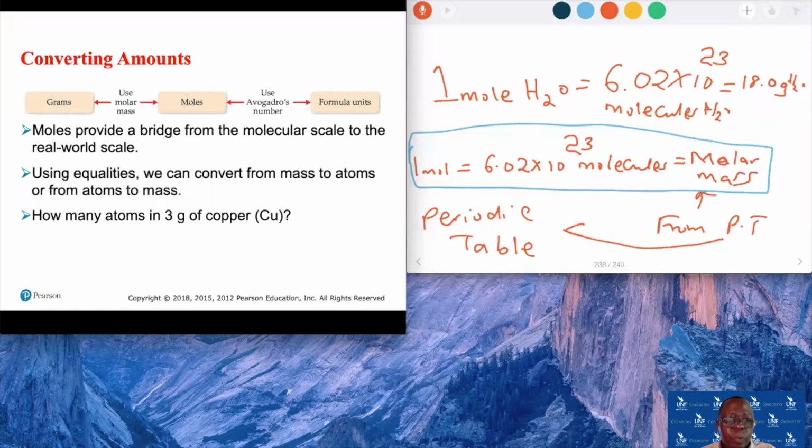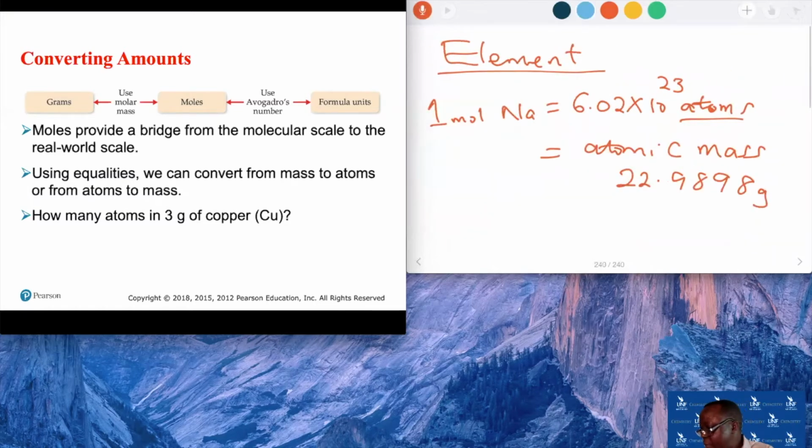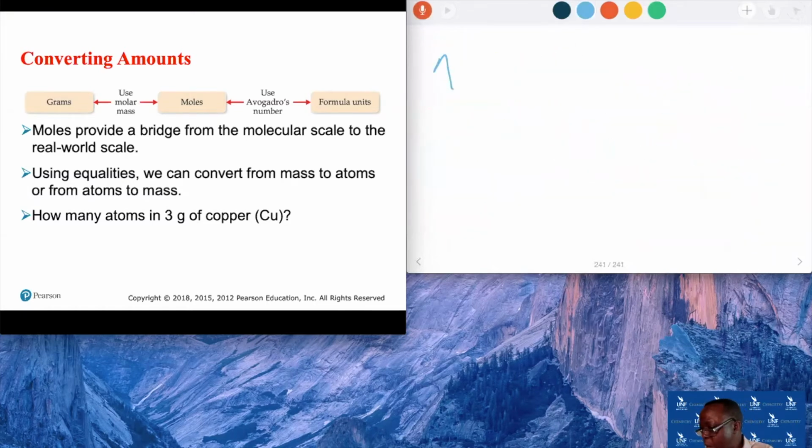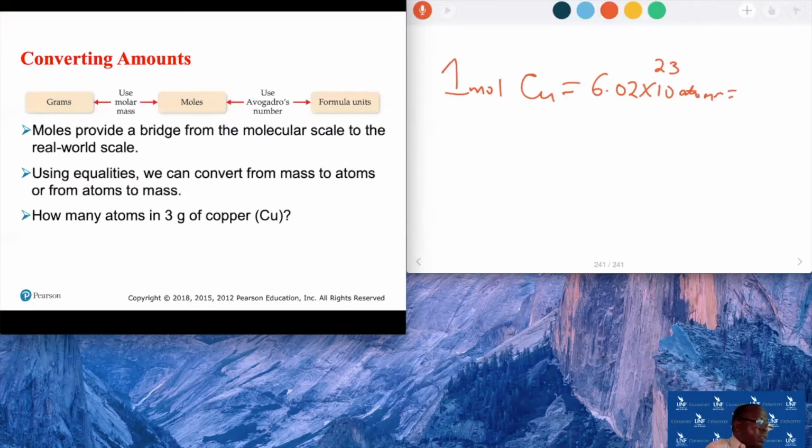At the outset, you are expected to understand that 1 mole of copper contains Avogadro's number of formula units or atoms, which is equal to, I'm just going to look at the periodic table, 63.55 grams.